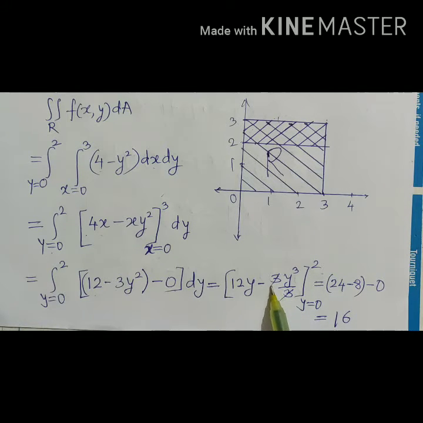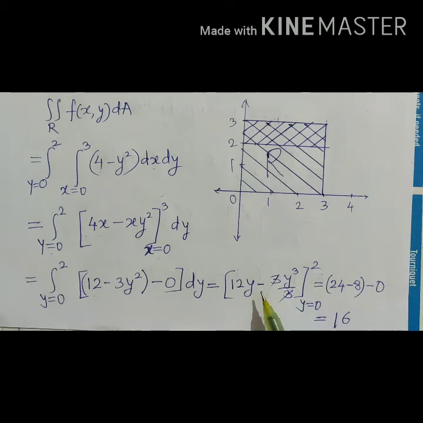So the 3's get cancelled, and what you have is 12y minus y cube only, and the limit varies from y equal to 0 to 2. Let us put the value. This becomes 12 times 2, so 24, minus 2 cube, meaning 8. This is the upper limit, minus the lower limit, which will be 0 in both cases. So the value becomes 16.